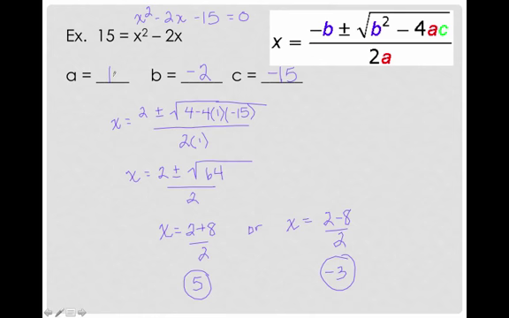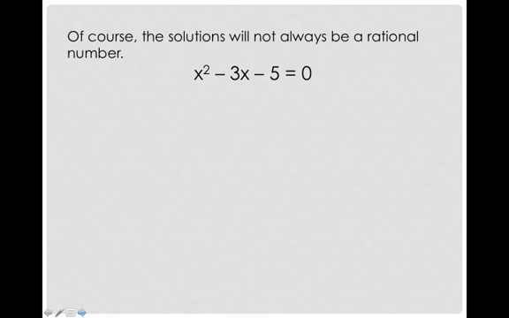We had our values for a, b, and c, and then I just plugged into this formula over here. Once I plugged in, I came up with my square root. In one case, I added the square root of 64, and the second instance, I subtracted the square root of 64. So let's try an example, though, where we don't necessarily have a nice perfect number.